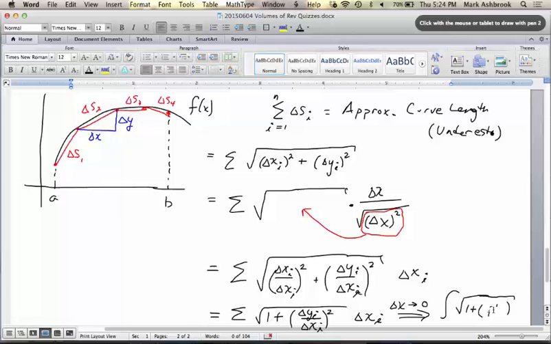And what is that? I hope someone knows that. The derivative, right? It's the derivative.